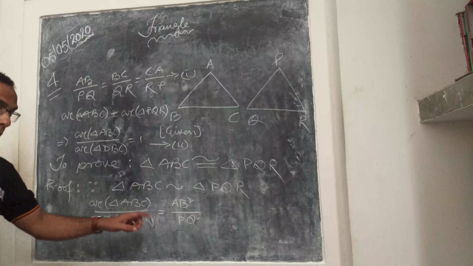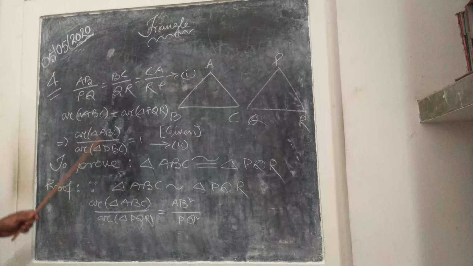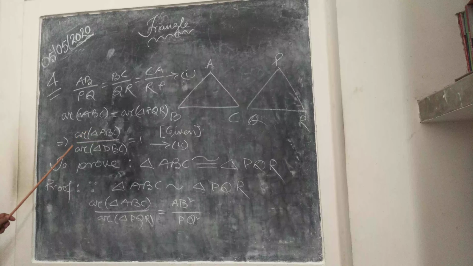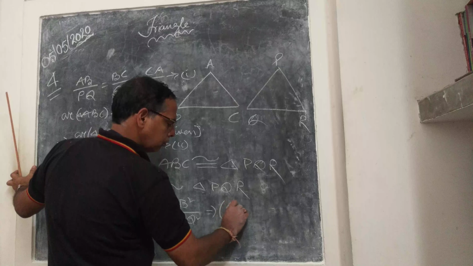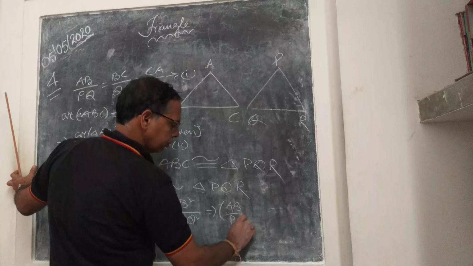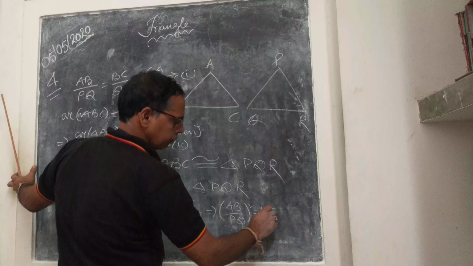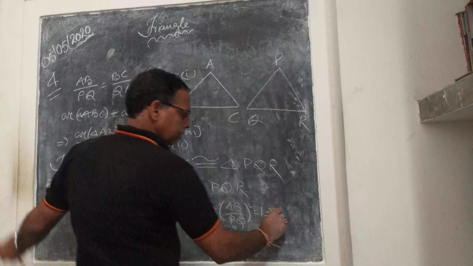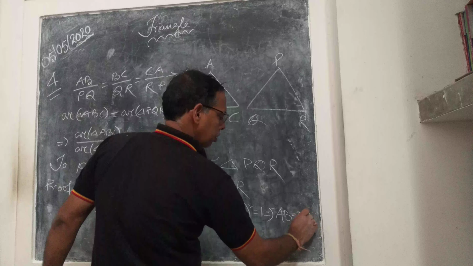Why have I written 1? Because we have to prove it. Now it is already given that area of triangle ABC divided by area of triangle PQR equal to 1. So this implies AB by PQ equal to 1, which implies AB equal to PQ.